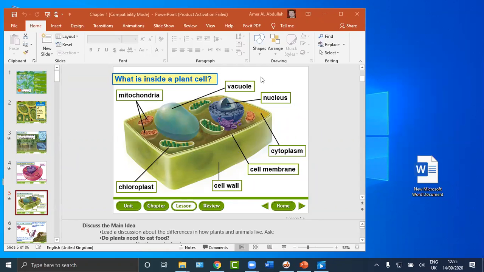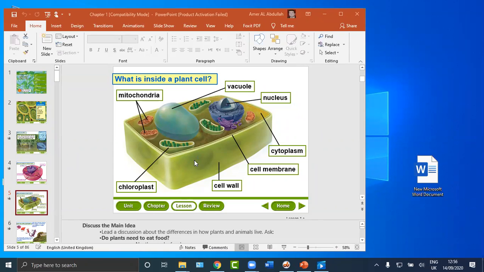Now a vacuole. It's large, unlike animal cells. Be careful, unlike animal cells. In animal cells it's so small, but in the plant cell it's large to keep water because the plant needs water.